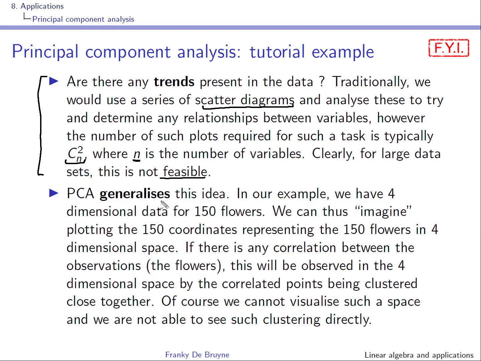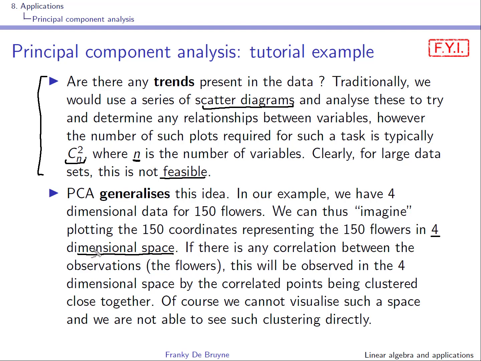Well, PCA, principal component analysis, generalizes this idea. In our example, we have 4-dimensional data for 150 flowers, so we can imagine plotting the 150 coordinates in a 4-dimensional space. We would have a point for every flower in this 4-dimensional space.